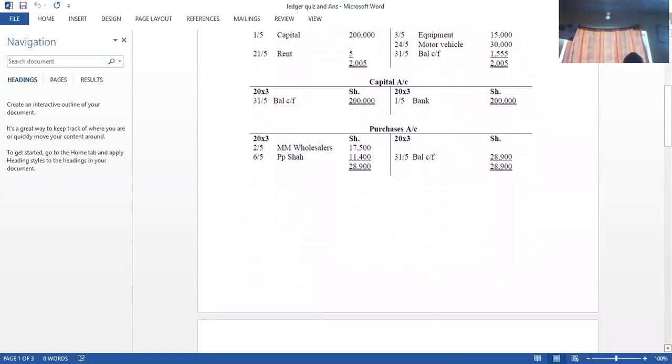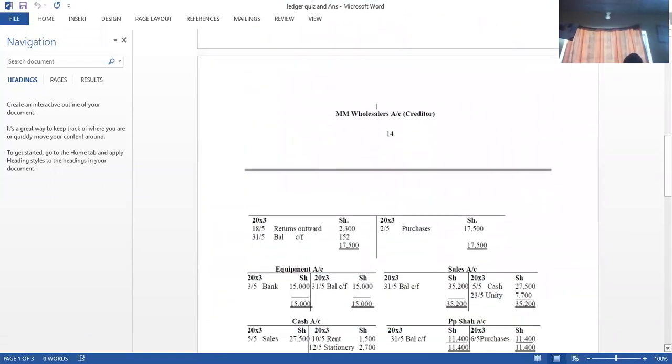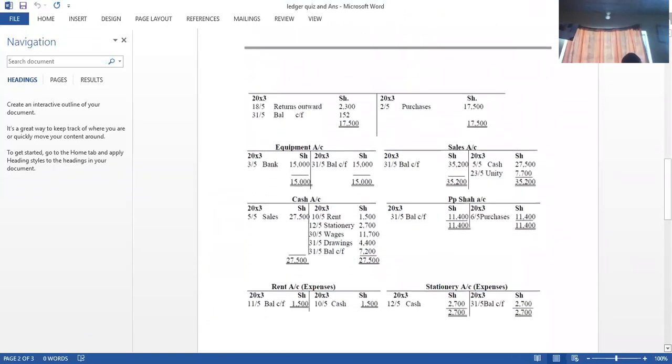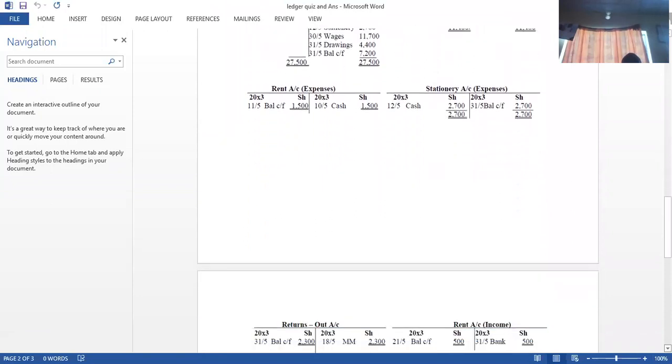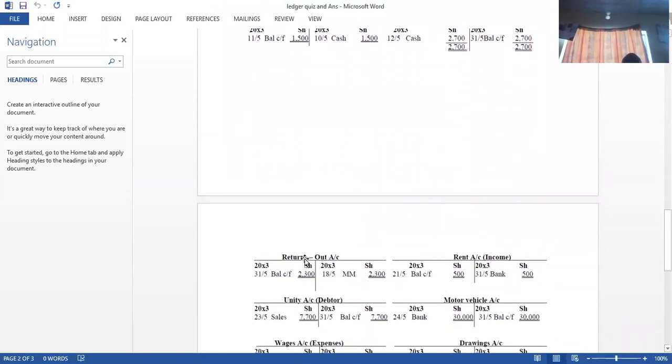Goods returned back to the supplier are known as purchases returns. So you would come here and notice that we have return outwards, also known as purchases returns. Once we purchase goods, we debit, but once we return them, we credit purchases returns or return outwards. That's why they were credited here.